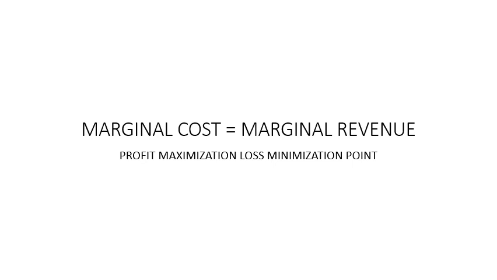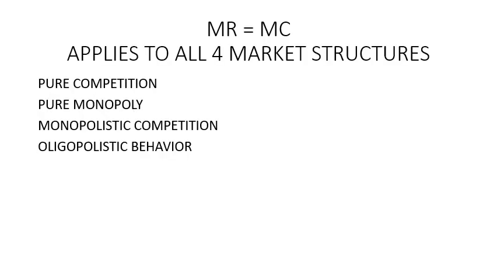This is how companies determine what price to charge and what quantity to produce. MR equals MC, marginal revenue equals marginal cost, the so-called profit maximization, loss minimization point or identity, applies to all four market structures.